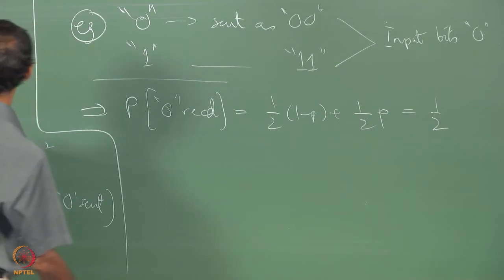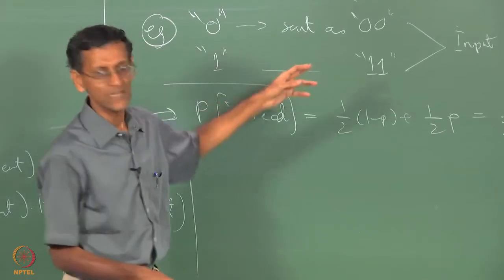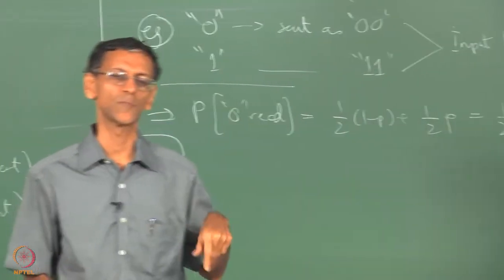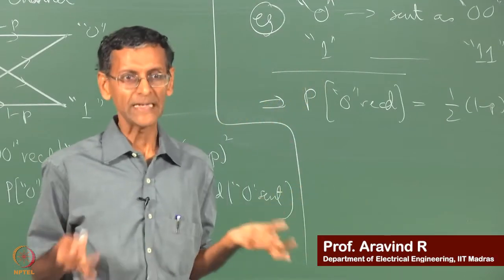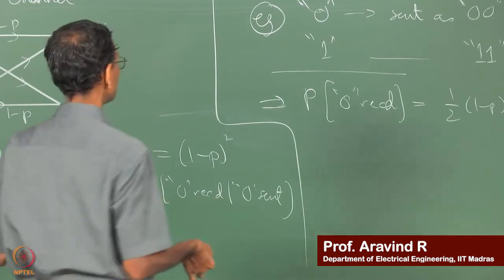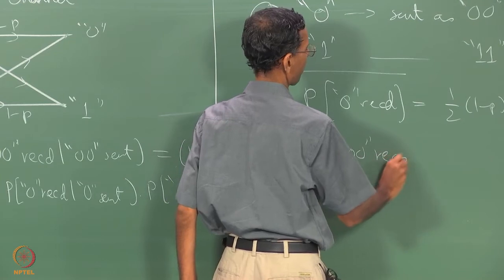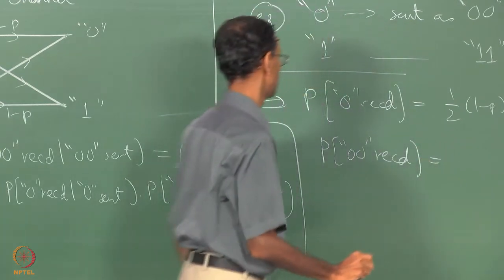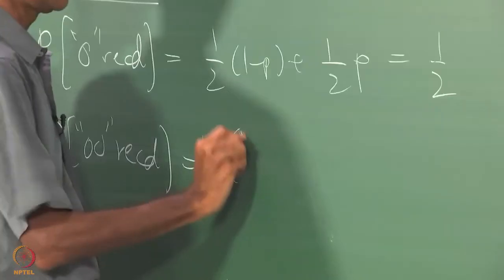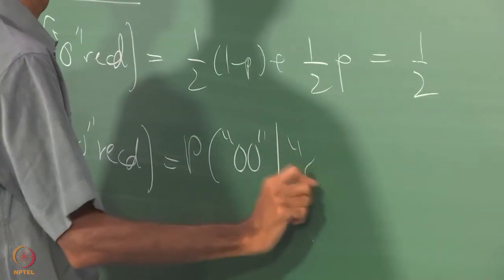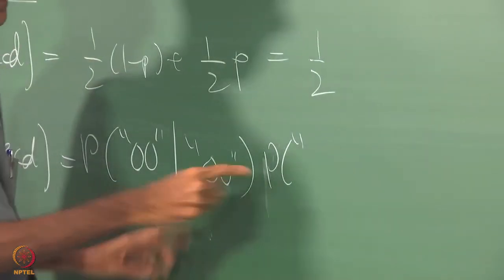But what is the probability of getting a double 0? This same 0 sent is being sent as a double 0. So the probability of sending a double 0 is also half, right, because you are repeating that 0. So the probability of receiving double 0 is basically, you have to write this as the probability of 0 0 given 0 0 times the probability of this input.